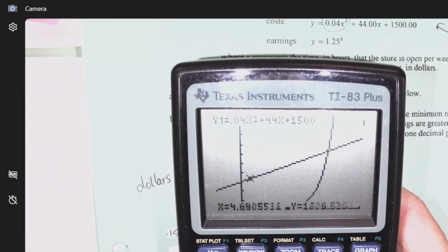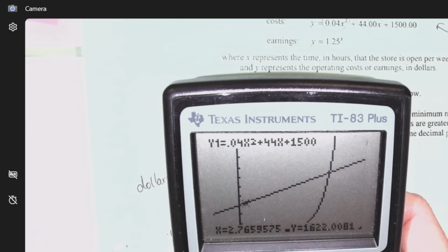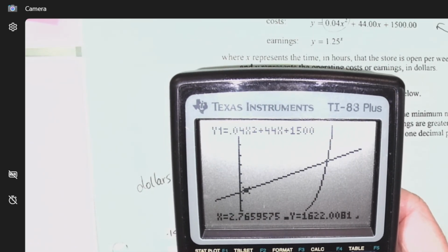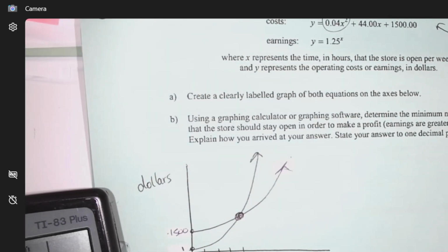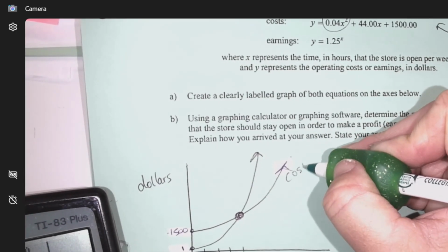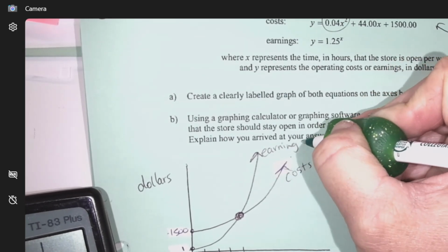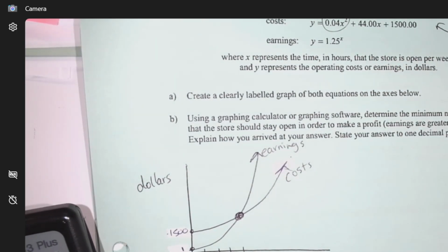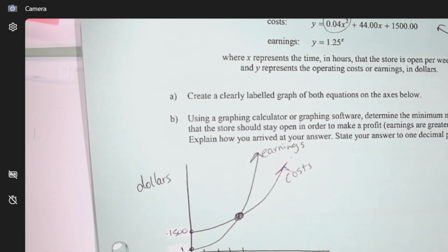Left and right move you on a line or a curve, but up and down change which one you're on. Okay, so that's a feature to know, like up and down will move you from which one you're on.